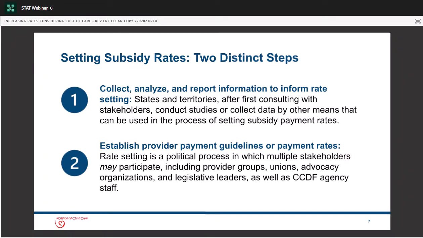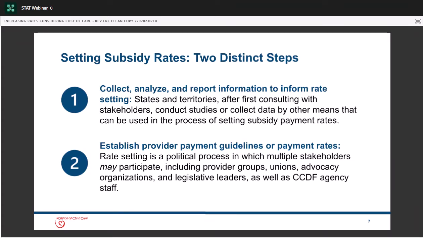Yet we acknowledge there is a second step, the actual process of setting or changing rates. Lead agencies have multiple mechanisms for establishing payment rates. The rate setting process may be shared between the legislature and CCDF lead agency, but is seldom if ever delegated to an outside organization. Rate setting is often a political process in which multiple stakeholders may participate, including provider groups, unions, advocacy organizations, legislative leaders, as well as CCDF agency staff.